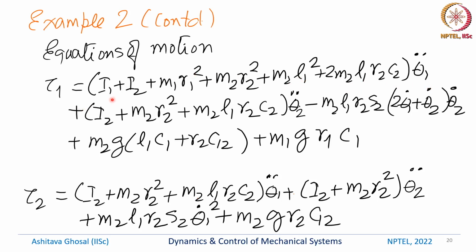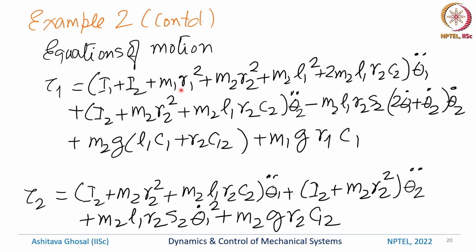What is I1? I1 is the z component of the moment of inertia of link 1 about the CG. I2 is the z component of the moment of inertia of link 2 about the CG. So I1 is IZZ1, I2 is IZZ2.